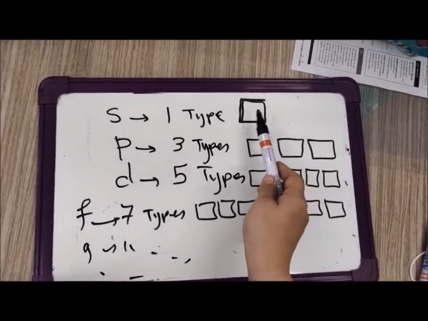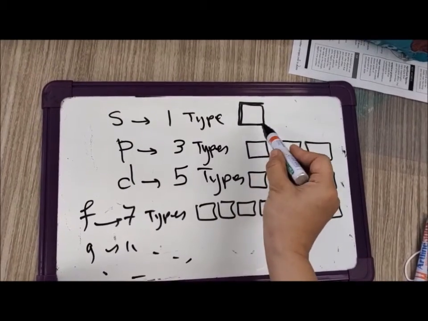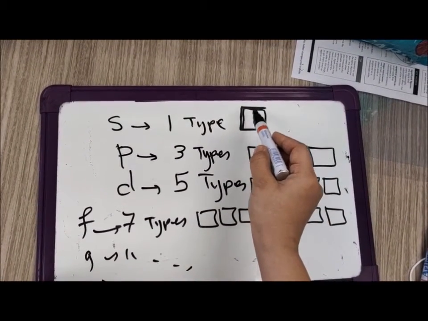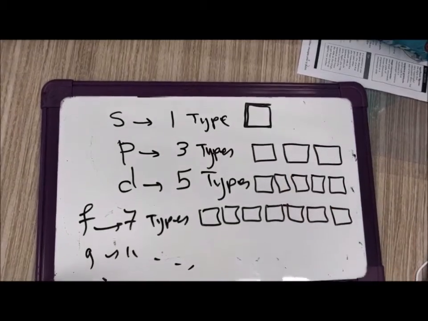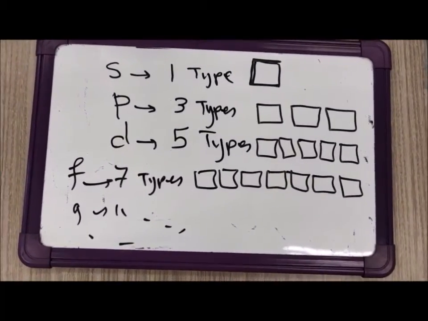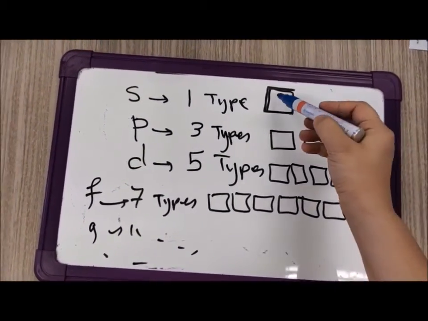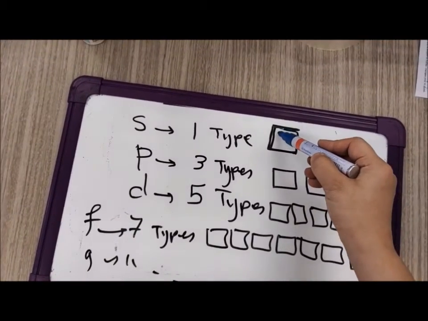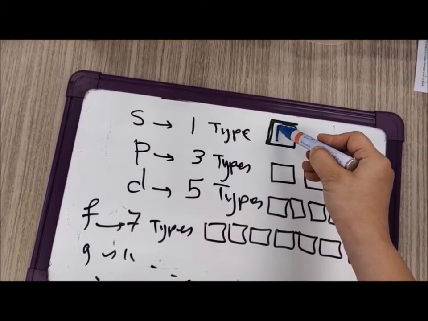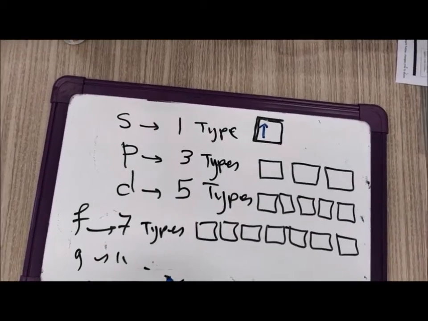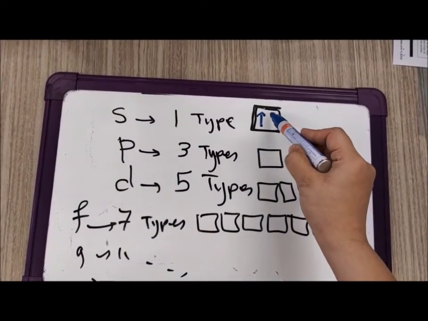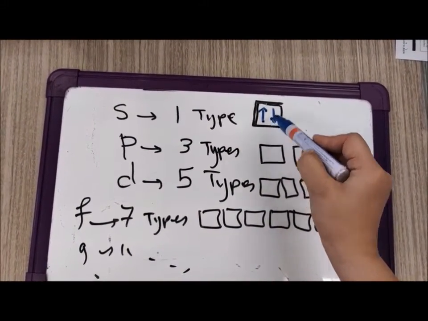Each of these boxes that you see, or orbitals, can hold up to a maximum of 2 electrons. They can hold up to 2 electrons maximum. First, like this. You show the electrons by an arrow, one upside, and the other one should be in the opposite direction. Why?